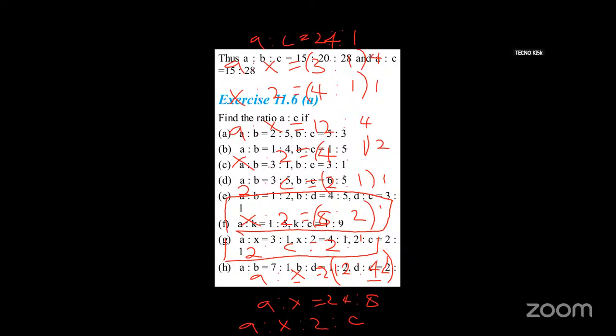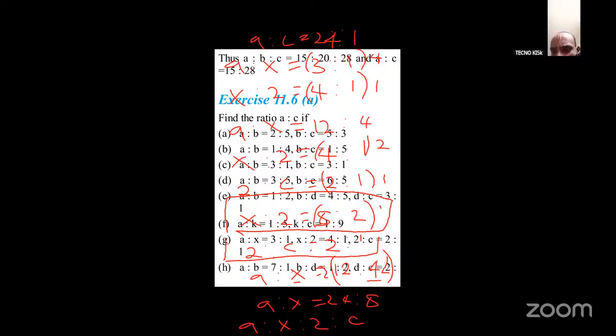Mpaka hapo sasa next imefika 2 is to C is 2 is to 1 then X to 2 ni 8 to 2. Alafu sasa si next ukishafika hapo tukasema you compare now zile zenye ziko na similar letters. Ukiangalia tuko na AX na X2. Hizo ziko na similar letters, si ndio? AX na X2.